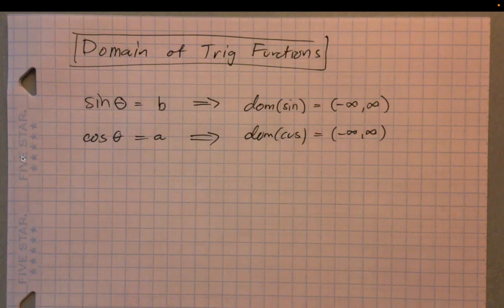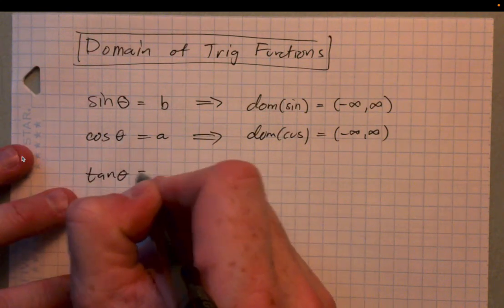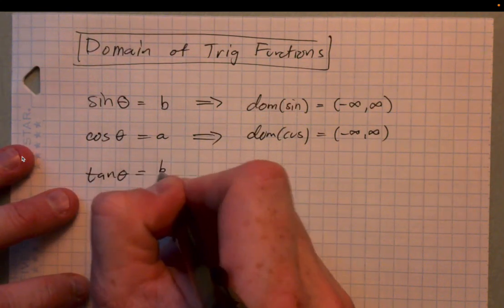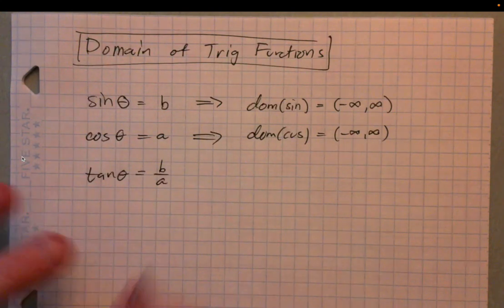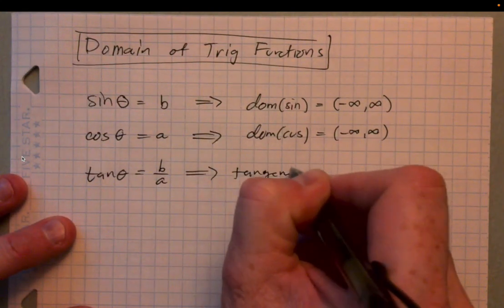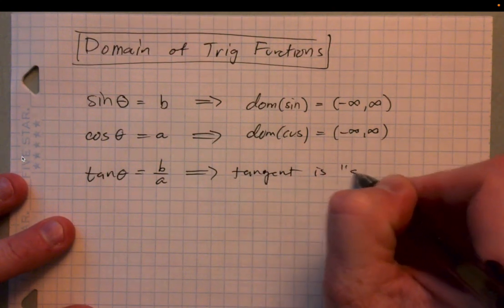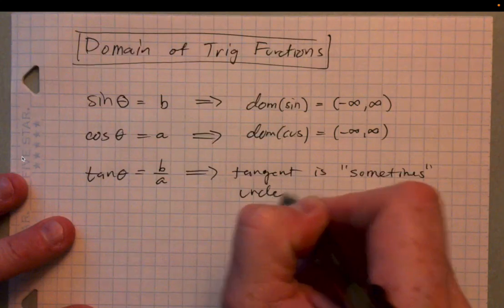So what about the tangent? Well, we know tangent generates undefined values occasionally. So tangent is sometimes undefined.